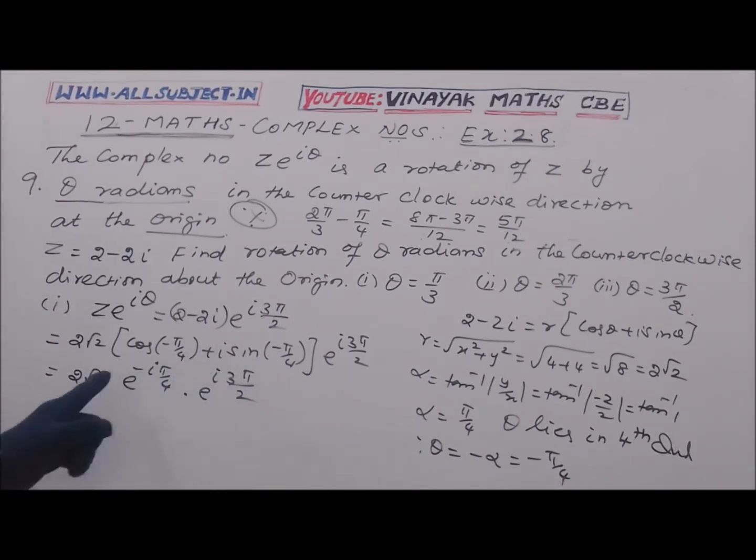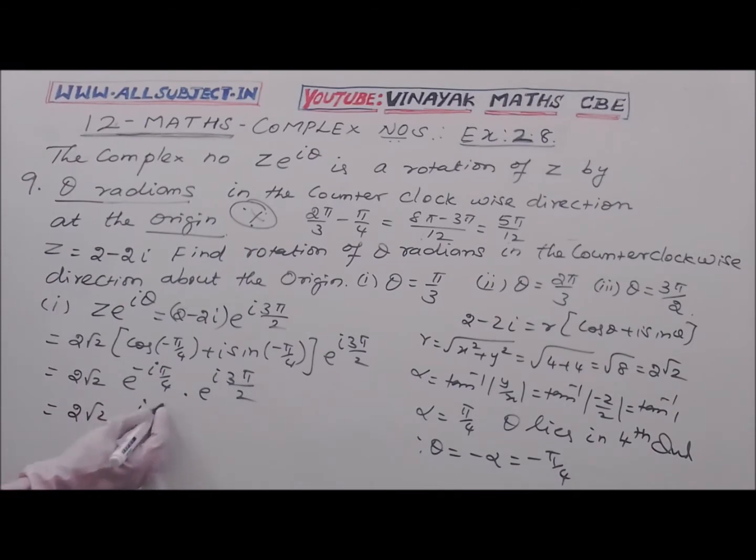Now adding the powers, which is equal to 2 root 2 into e to the power i into minus pi by 4 plus 3 pi by 2.